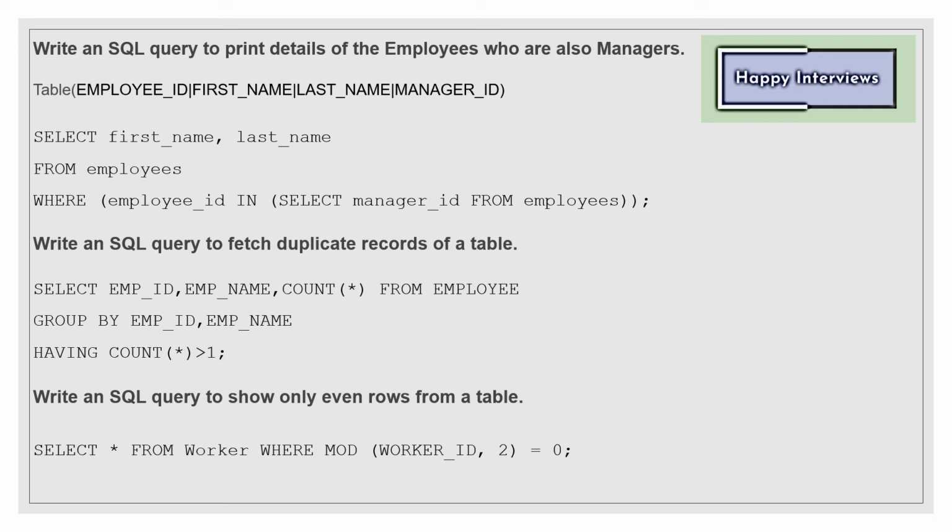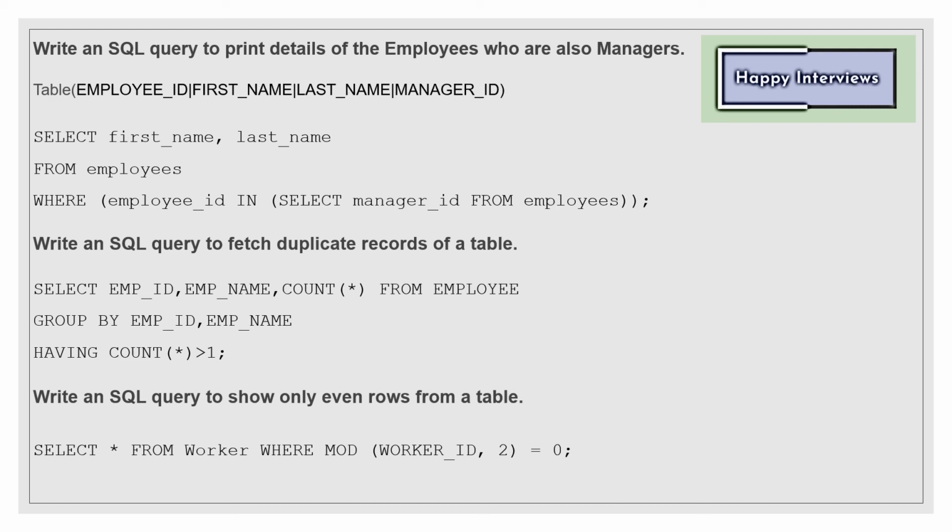So the query is: select employee ID, employee name, count star from employee group by employee ID, employee name. Even employee name was not required here, but it makes the output more readable, because employee ID alone will not give the exact idea of whose ID it is. With the name, when the display comes, I can directly see that, okay, for Michael there are multiple entries and it's a duplicate.